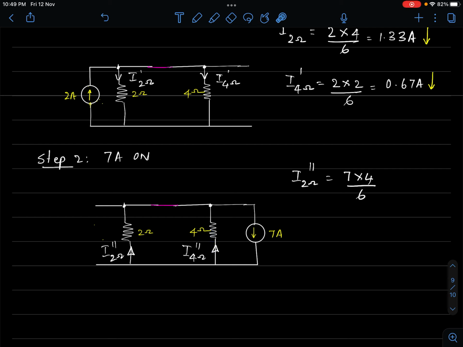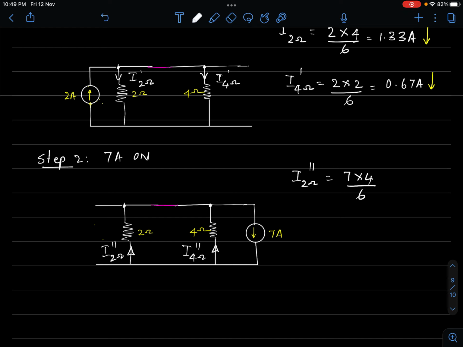If I am interested in finding out the current through 2 ohm, in this branch, I will take the total current multiplied with the resistance of the other branch, that is 4 ohm divided by the sum of the two, 4 plus 2, 6.